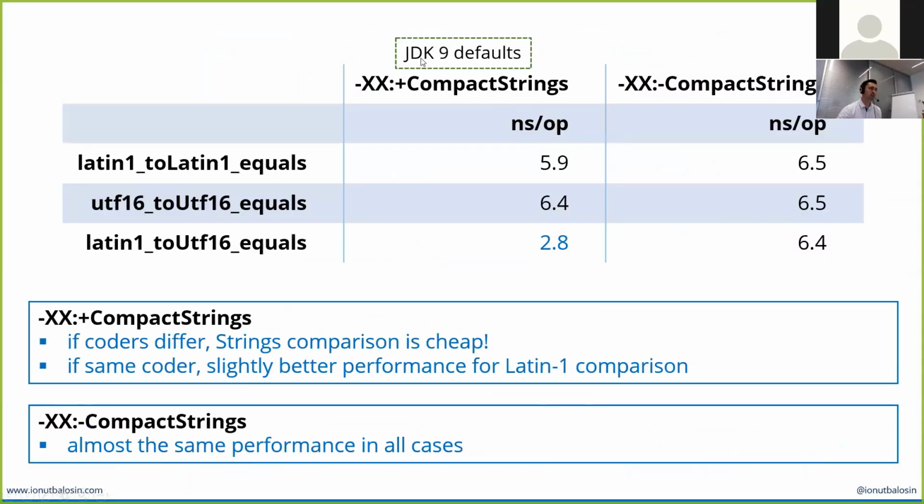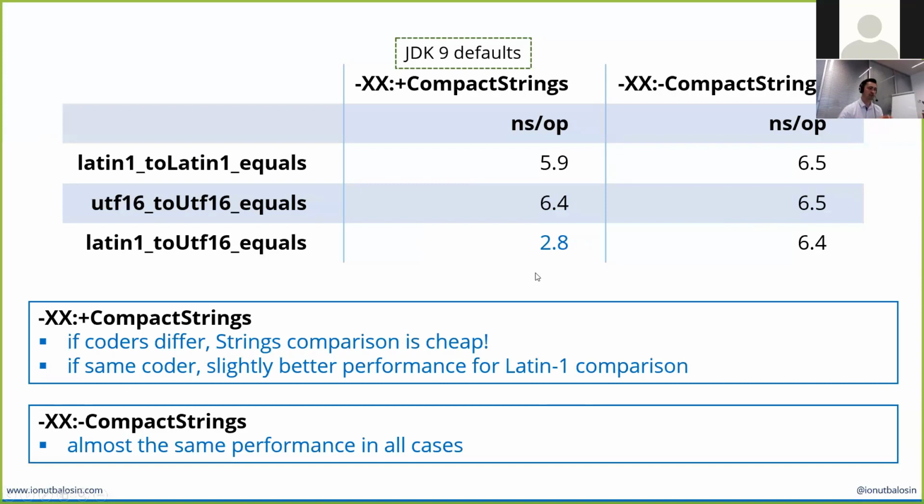With the default JDK, in the case of strings having the same coder, like Latin 1 or UTF-16, the performance is almost the same. For example, 5.9 versus 6.4. Here it's slightly better for Latin 1, because it has fewer bytes in that byte array to compare.